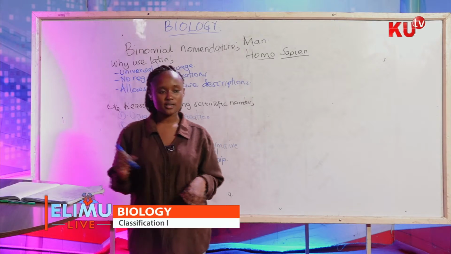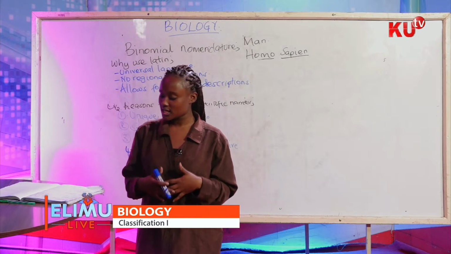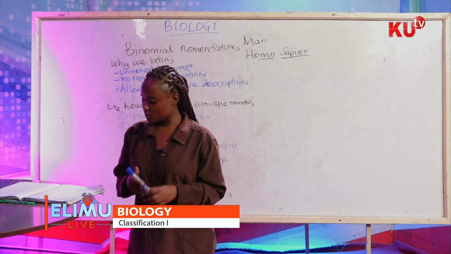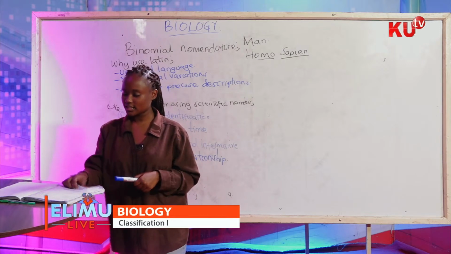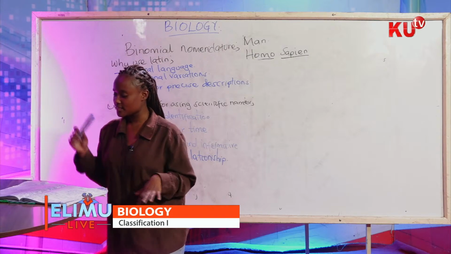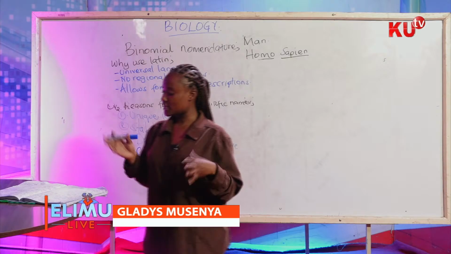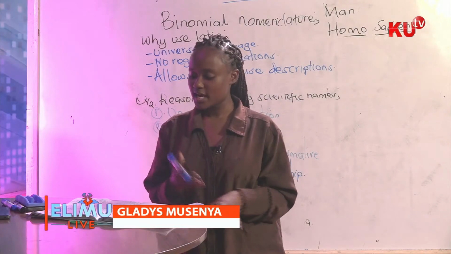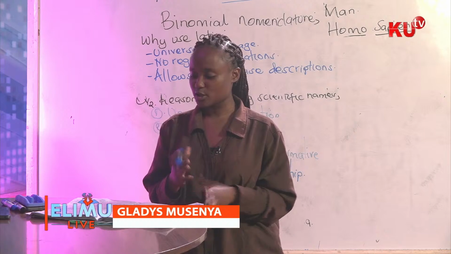Then we talked about why they are underlined, why we use scientific names and why we also use Latin. From the kingdoms, the external features of organisms: in animals, the limbs, body covering, the shape; in plants, the roots.